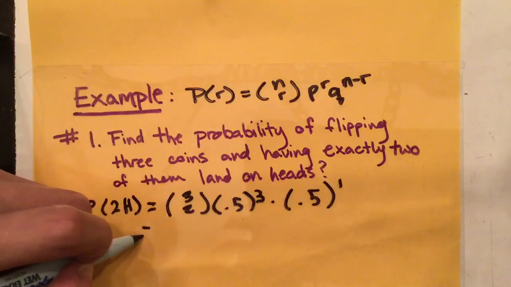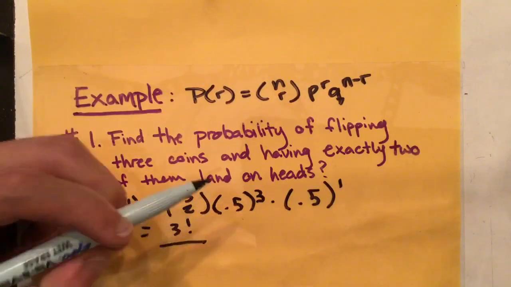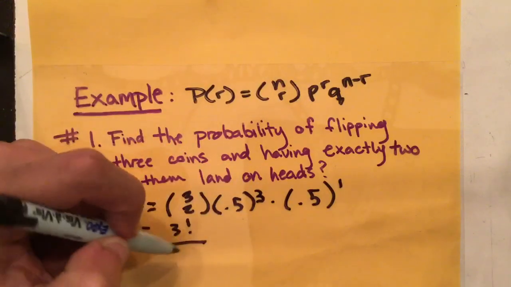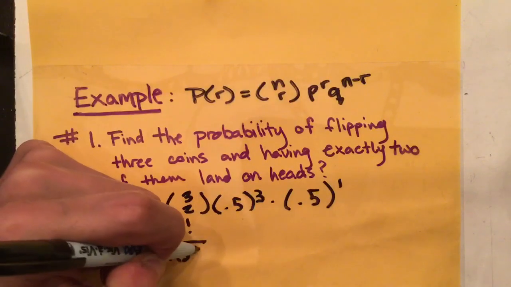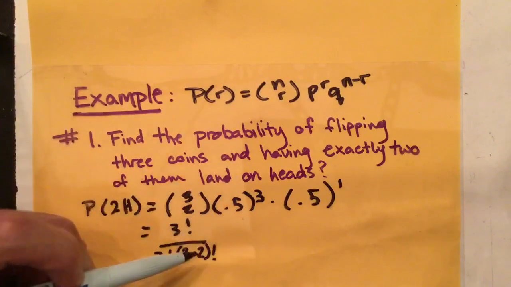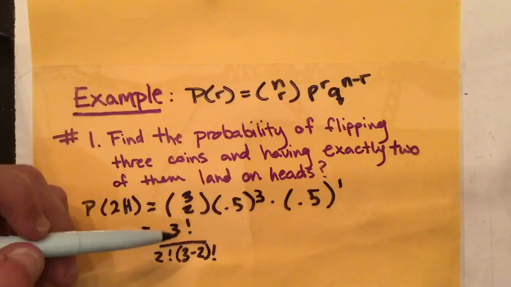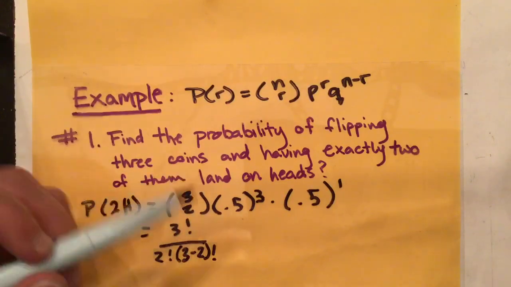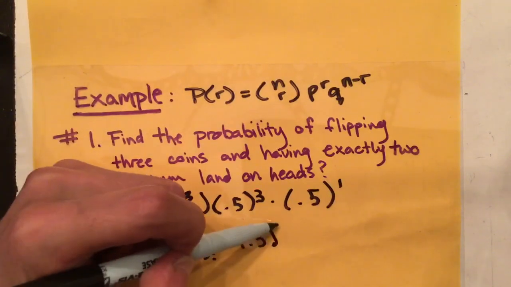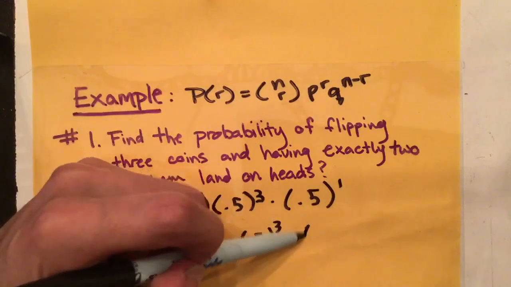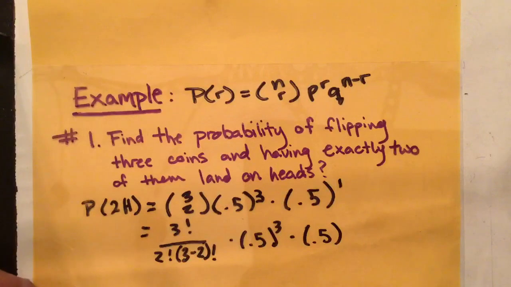Alright, so here we can break this down. We have 3 factorial divided by 2 factorial times 3 minus 2 factorial, which is 1 factorial, and that is just 1. So really this is 2 factorial times 1, times 0.5 raised to the 2nd power times 0.5, because 0.5 raised to the 1 power is just itself.